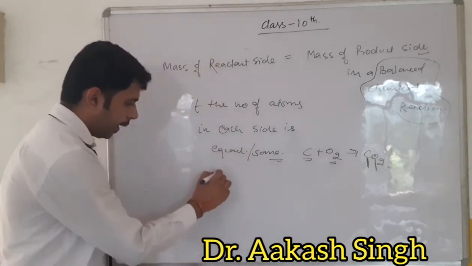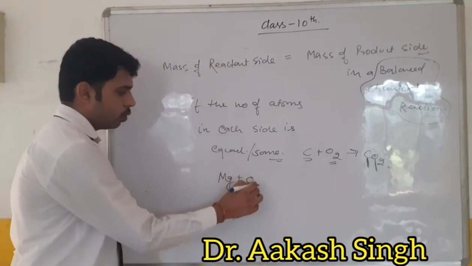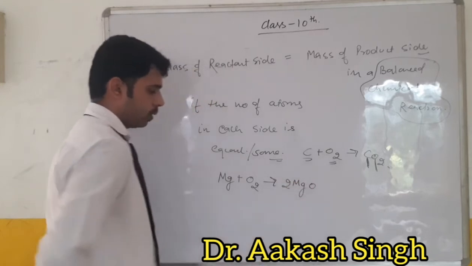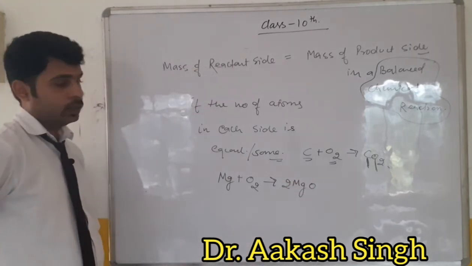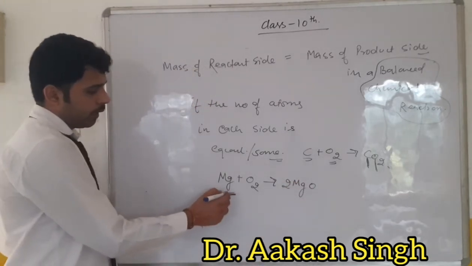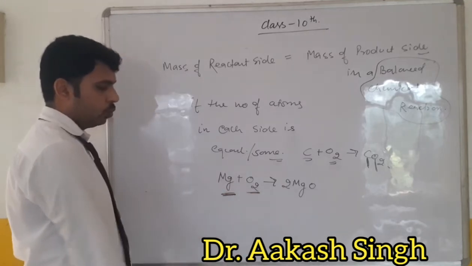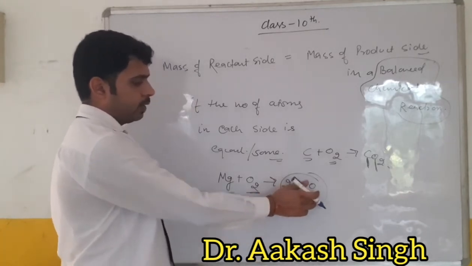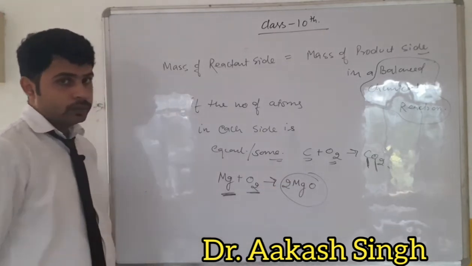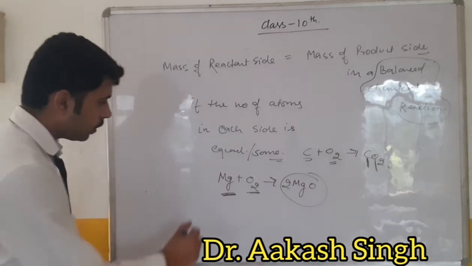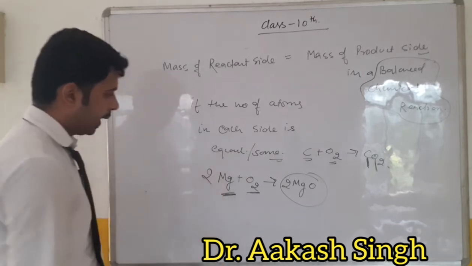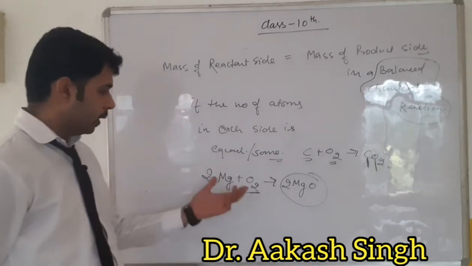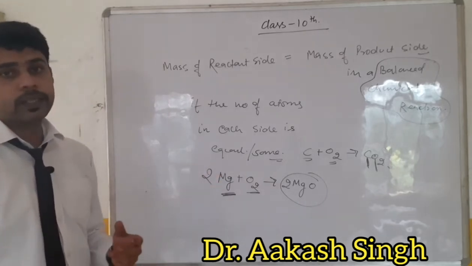Like Mg plus O2 gives 2 MgO. This is an unbalanced reaction because there is only 1 Mg and 2 O, but in the product side both the magnesium and oxygen are 2. So when we write 2 Mg plus O2 gives 2 MgO, then this represents a balanced chemical reaction.